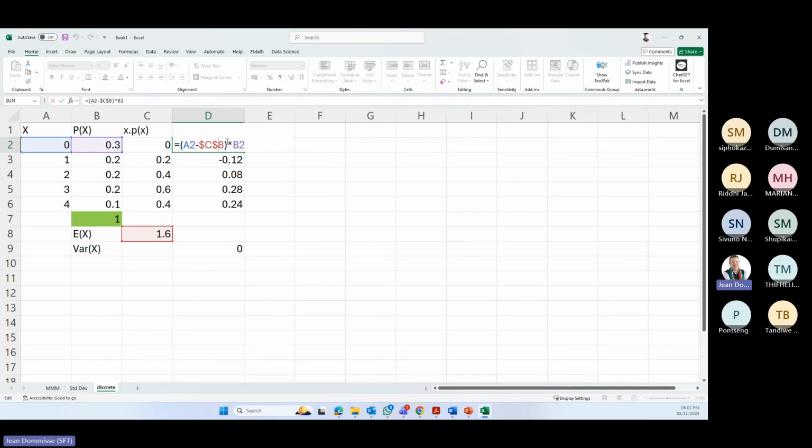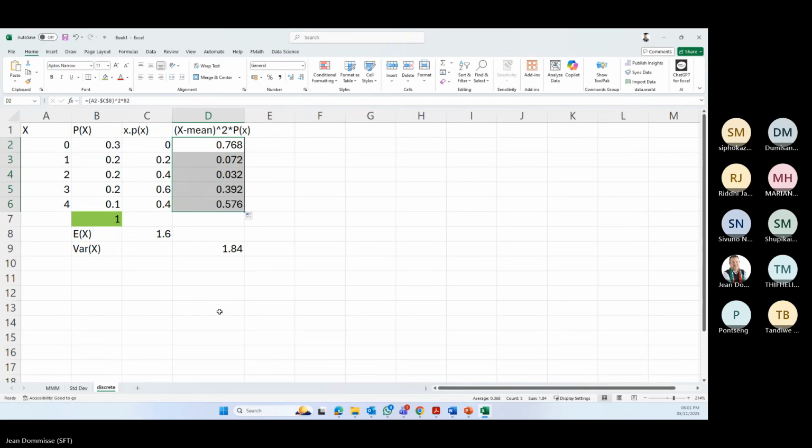So it just means that we need to add that, and the answer is 1.84. Let's just check if there is an option of 1.84.